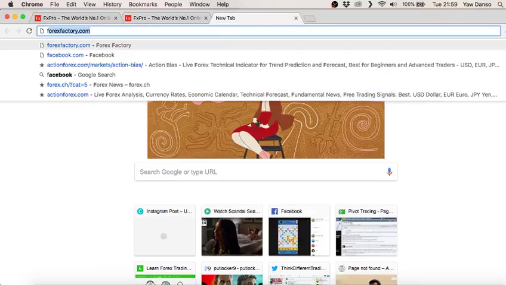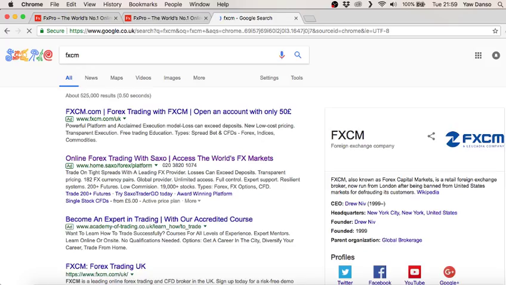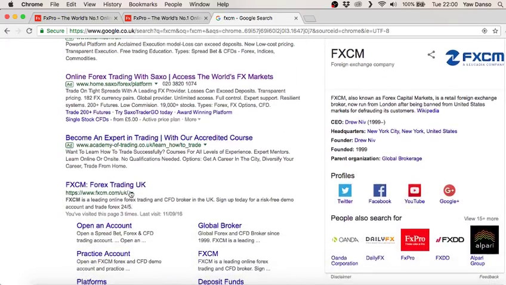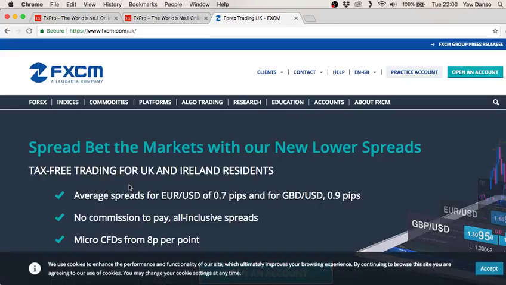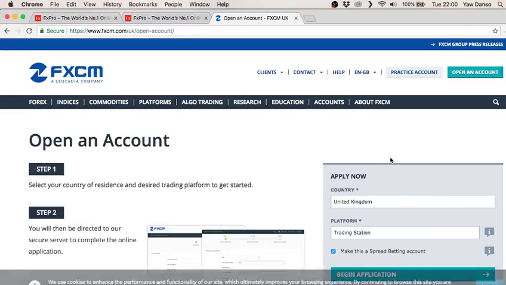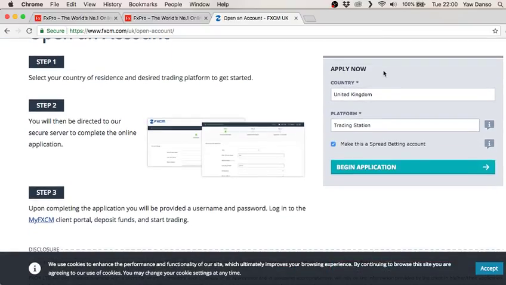Then you have FXCM. That's another broker. For these people, you go to open account, and it's that simple. But don't do that today. I'm just showing you guys.